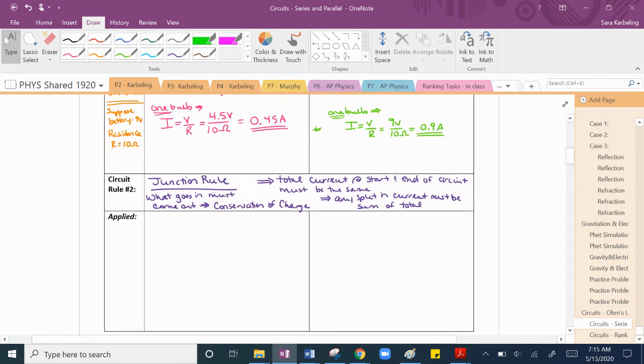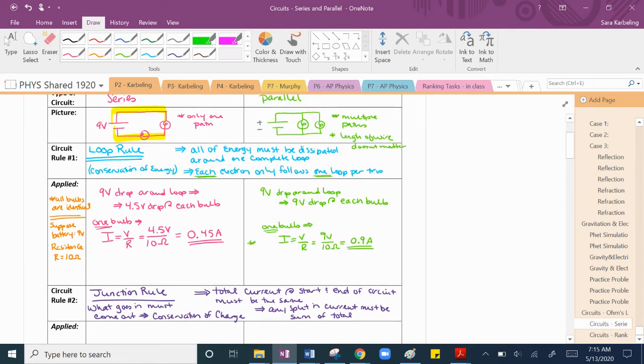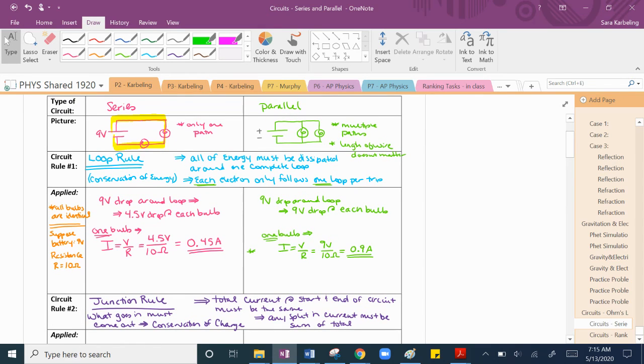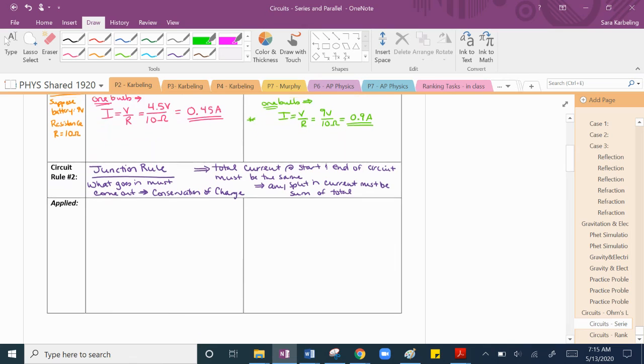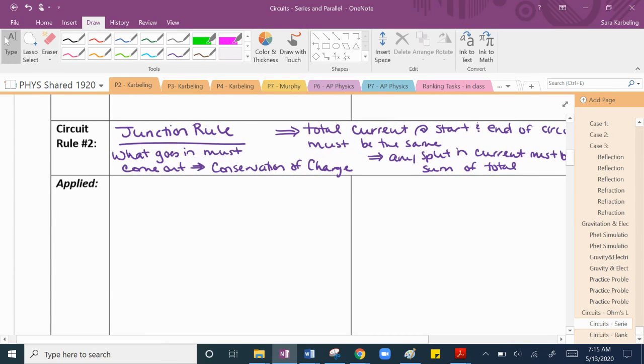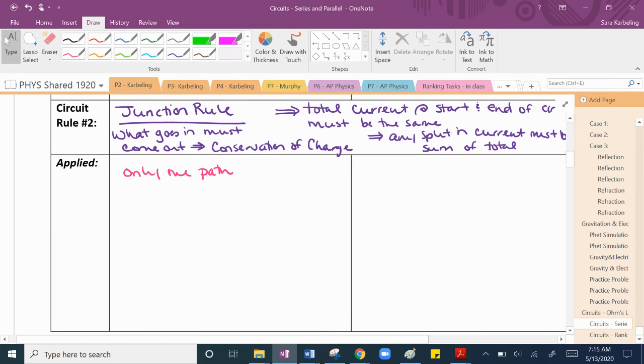Okay, so I feel like I'm kind of losing track here because my paper is so big. So we're going to start again with the series circuit. Let's take a look at the series circuit. We said early on that for the series circuit, there is only one path. So there's not really any coming in or going out except at the beginning and the end. That means there's only one path. That means there are no splits, there are no junctions, okay?